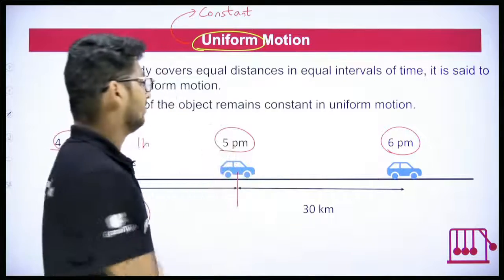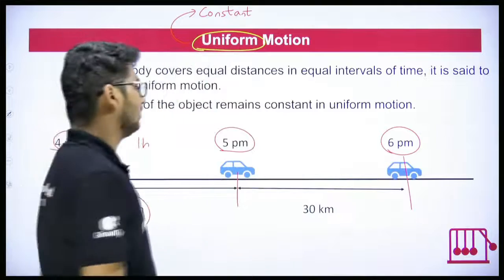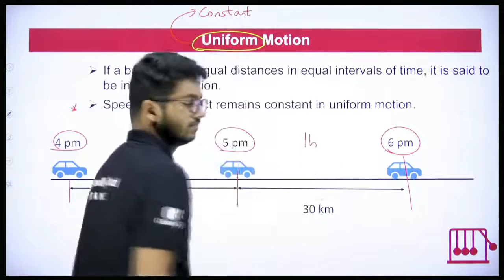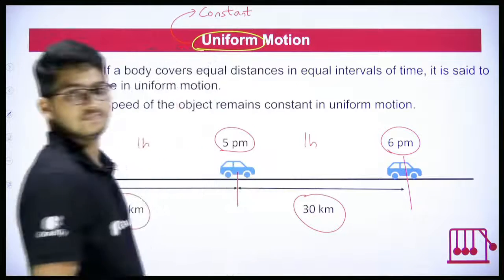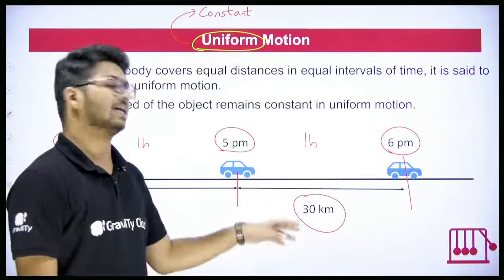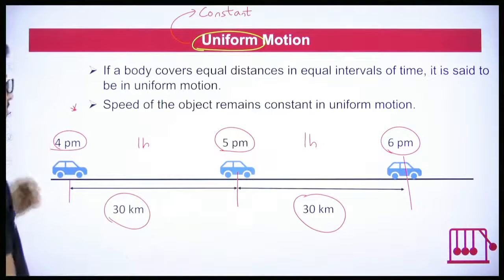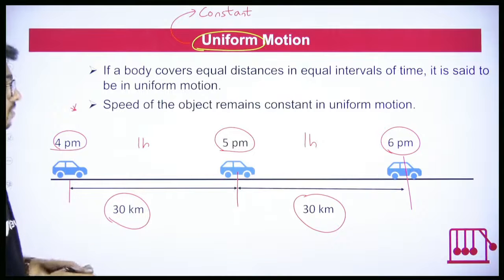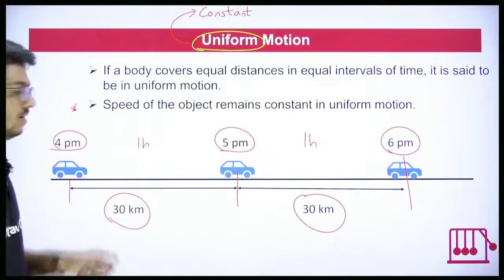Similarly, if I look at this case, 5 p.m. to 6 p.m., the time interval is 1 hour and the distance travelled is 30 kilometers. Clear? Seen that? Good. Now, keeping this in mind, look at the definition.